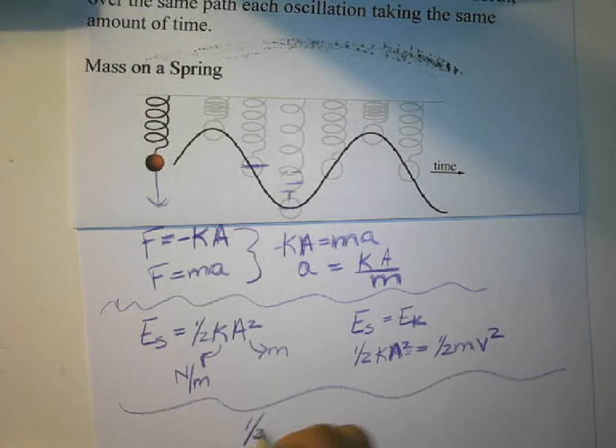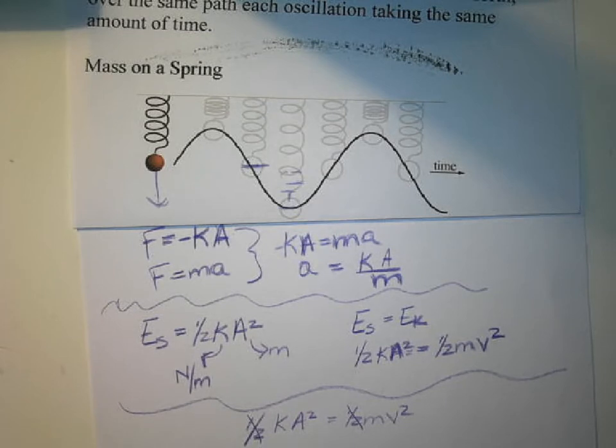So I'll start from the beginning and say that 1/2 Ka squared is equal to 1/2 mv squared. Let me get rid of the halves for the sake of algebra and cleaning up the equation. Then it's K times a squared minus how far it's traveled, x squared, and that's equal to mv squared.